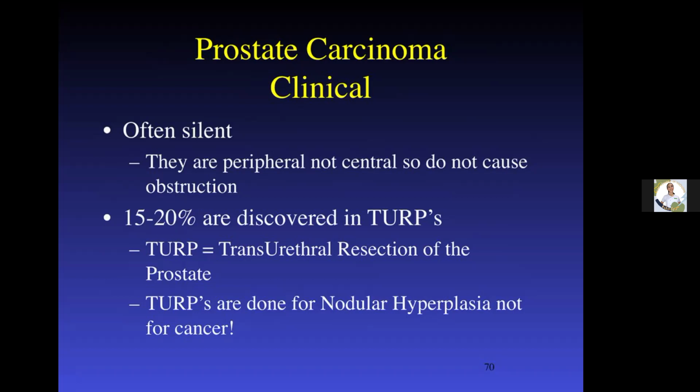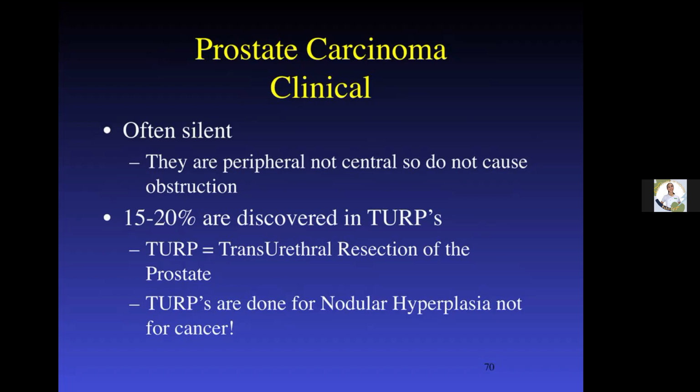But TURPs are done for nodular hyperplasia, not for cancer, because as I've said, cancer arises from the peripheral zone, while nodular hyperplasia arises from the central zone.